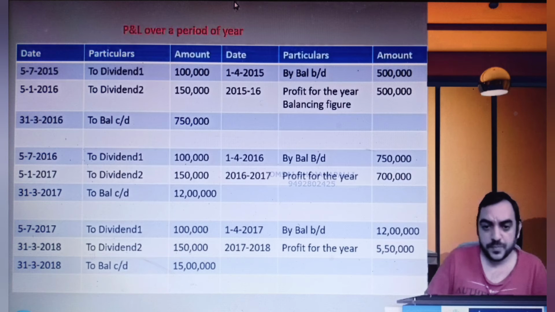How much amount is it? 5 lakh. Opening balance given. Then in 16, it became 7,50,000. All the closing balances we'll write later. So all the closing balances, like 31st March 2016, to balance carried down, given 7,50,000.